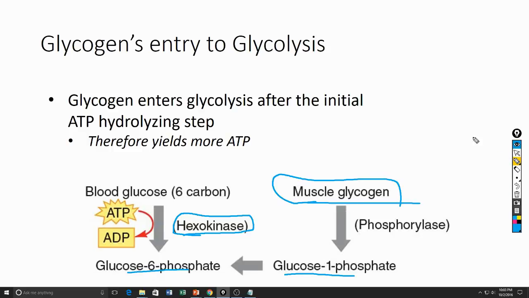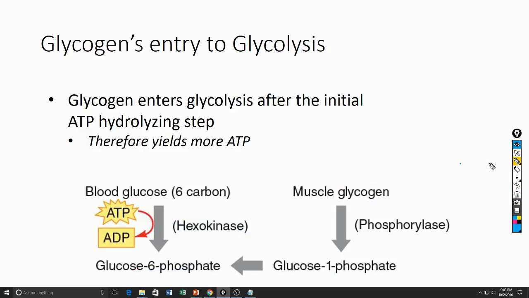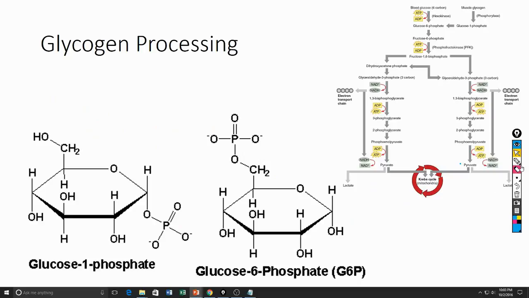So what does that mean? I want to give you a quick illustration of what that means. That's all this is. So if we have glucose 1-phosphate, if you remember back, this is the 1 position of the glucose. And this is the 6th position of the glucose. 6 carbons in a glucose.